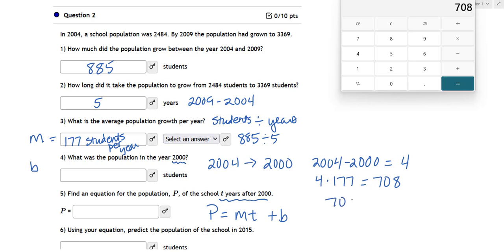Oh, I'm doing it in the wrong order. So 2,484 minus 708 is going to be our answer: 1776.